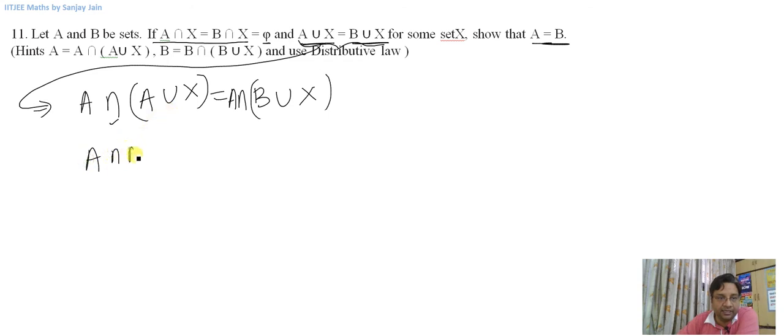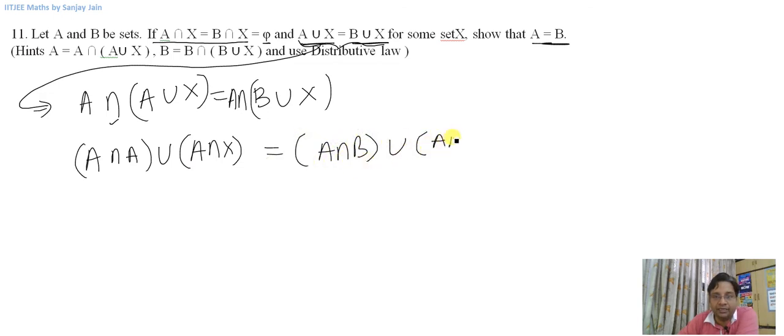So A intersection A union A intersection X is equal to A intersection B union A intersection X. All right. Okay. So what is A intersection A? It is A. And union, what is A intersection X?